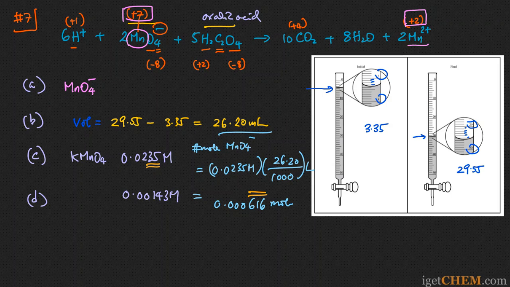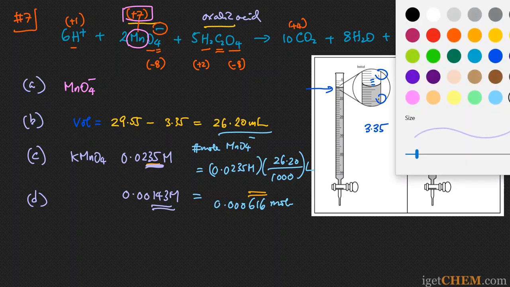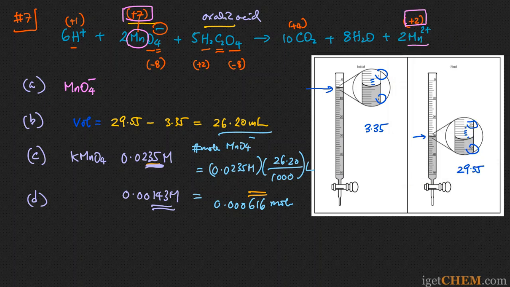So you see, this number right here is more than 10 times less than this concentration right there. So what that means is, if you were to titrate the same amount of oxalic acid, you would have needed a volume that's more than 10 times as much as you have found in this first experiment.